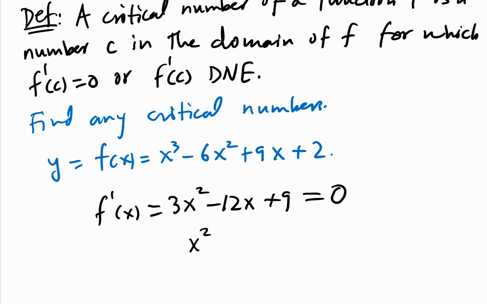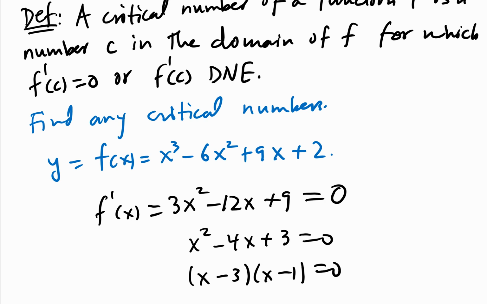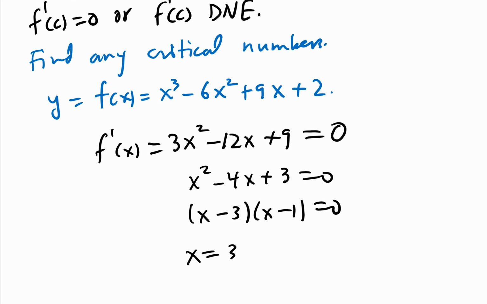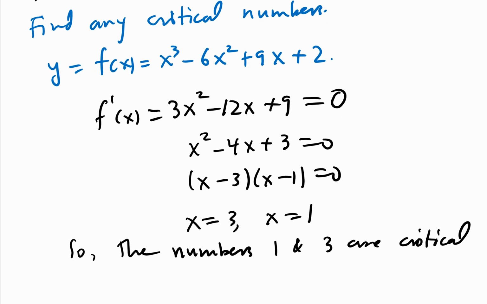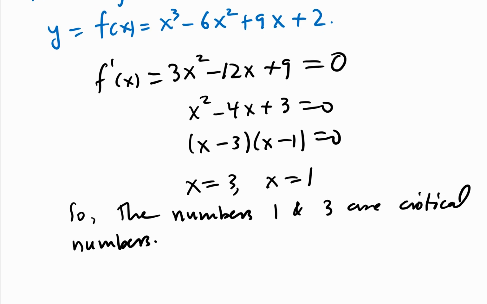We can divide everything by 3, then factor: x minus 3 times x minus 1 equals 0. So that would give me x equals 3, x equals 1. So the numbers 1 and 3 are critical numbers. So again, in this kind of specific function, the derivative will always exist.